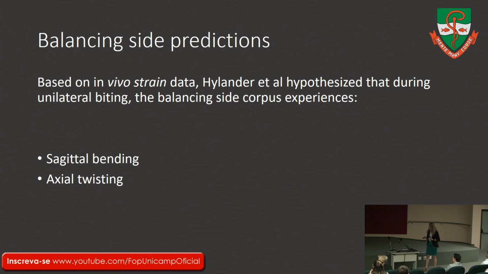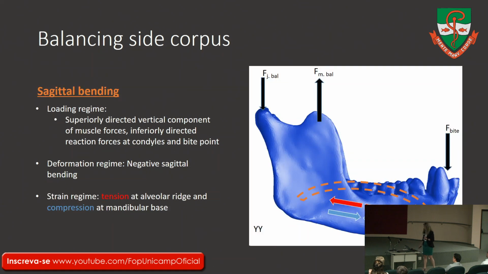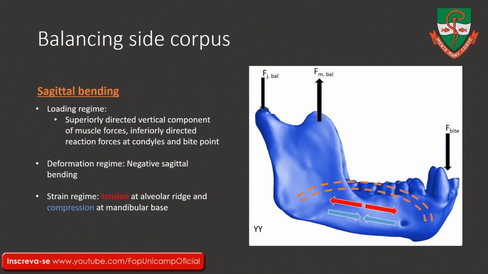So for the balancing side predictions, based on the in vivo strain, Highlander et al. hypothesized that during unilateral biting, the balancing side corpus experiences sagittal bending and axial twisting. Here's a schematic to help familiarize you with the loading, deformation, and strain regimes that we'll expect.